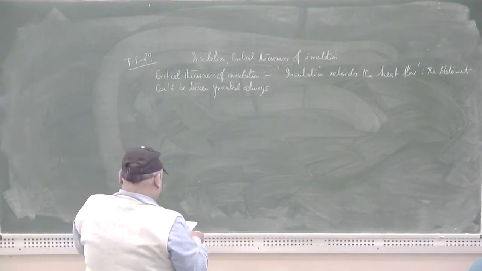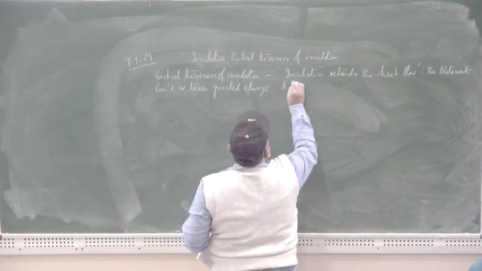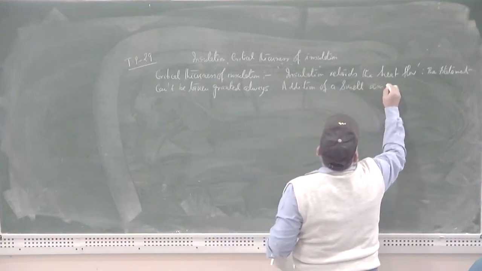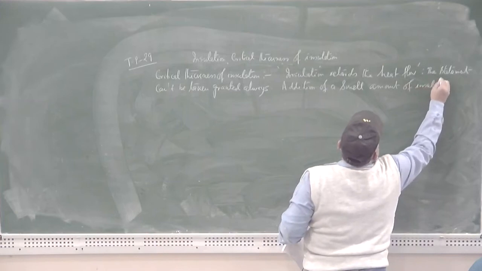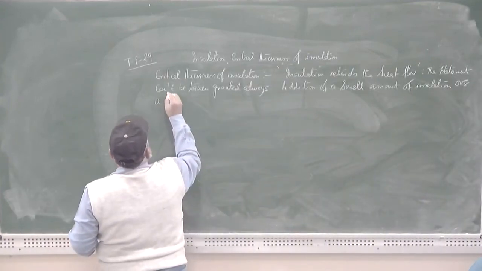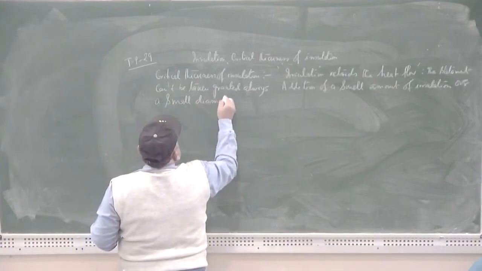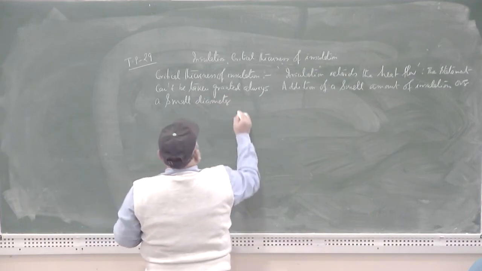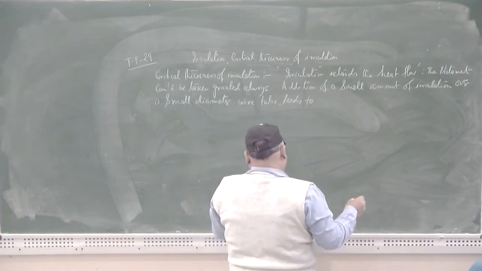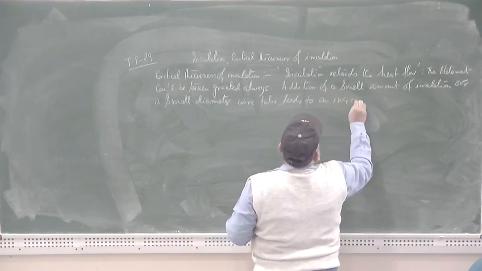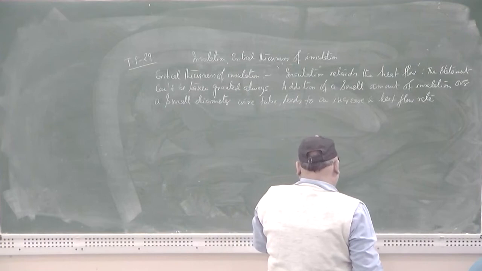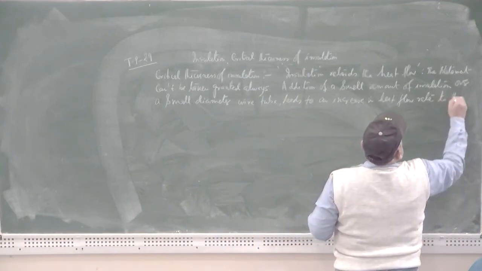So, addition of a small amount of insulation over a small diameter wire or tube leads to an increase in heat flow rate to the ambient air.